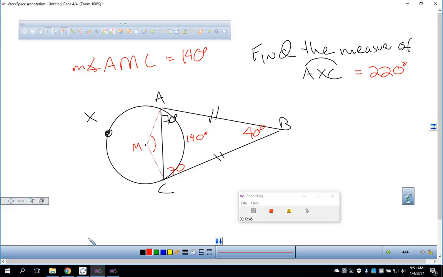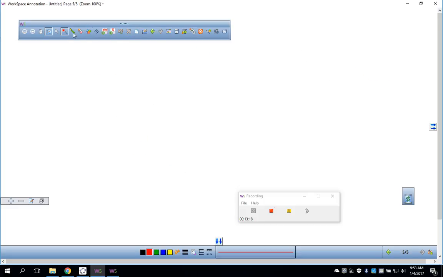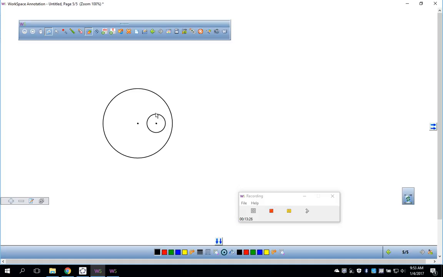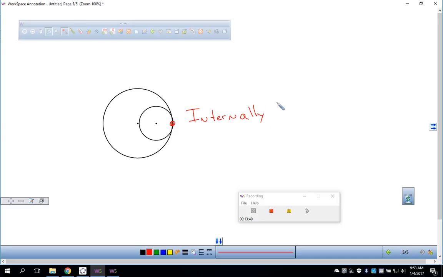Just a couple more vocabulary words, and then I'm going to show you how to draw a yin-yang, okay? Let's see. So if you have two circles that are connected at like this, and they connect at one point, those are called internally tangent circles.